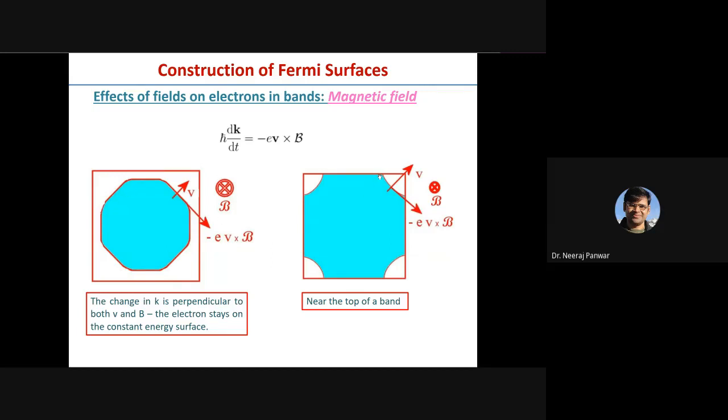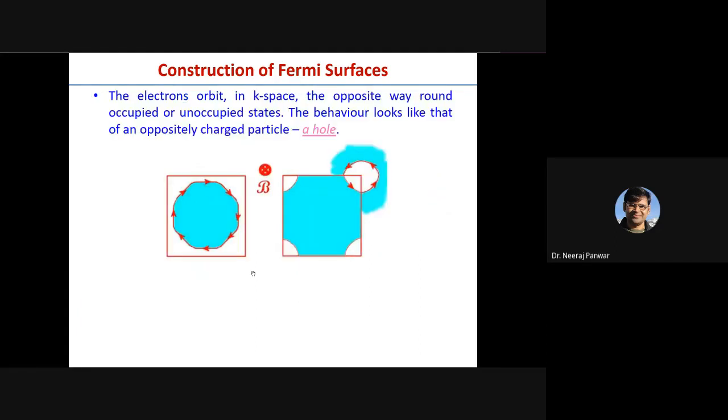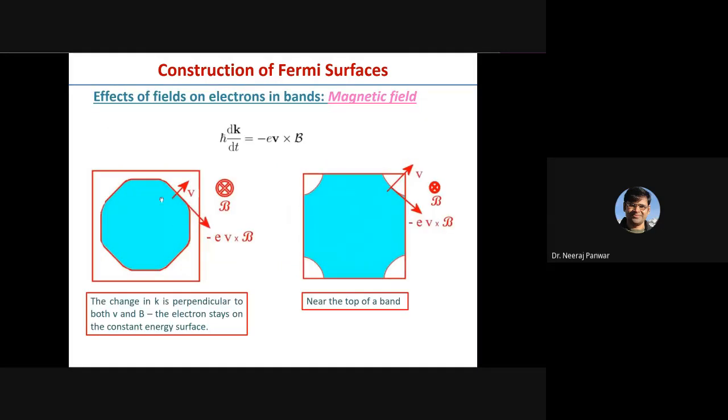Here also you can see, if the Fermi surface is of this shape, then v is in this direction and v cross B would be in this direction. The electron would move on a surface of constant energy. And if the particle is moving here and if the particle is moving here, what is the difference?